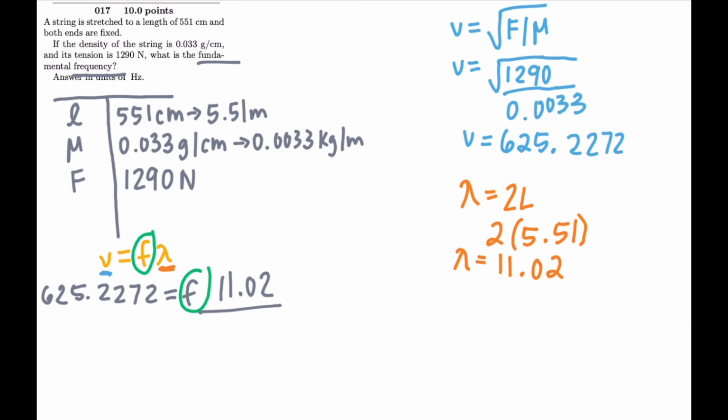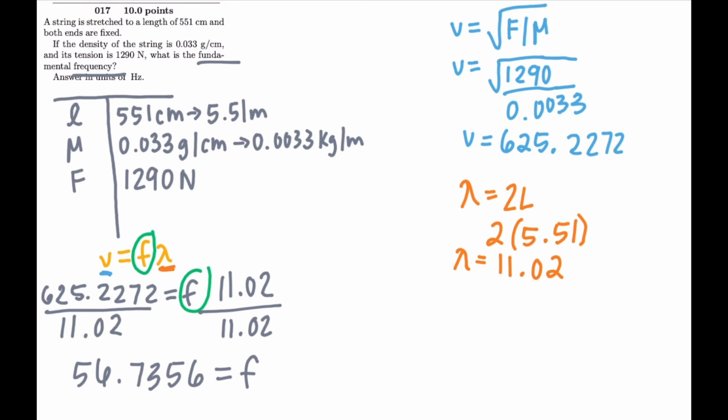All goes back to our algebra skills, algebra-based physics class. We're going to divide it by 11.02, and that should give us 56.7356 as our frequency. And by the way, this is hertz. Just ran out of room there. Okay, so this is our final answer. I apologize for any background noise here. So this is our final answer.